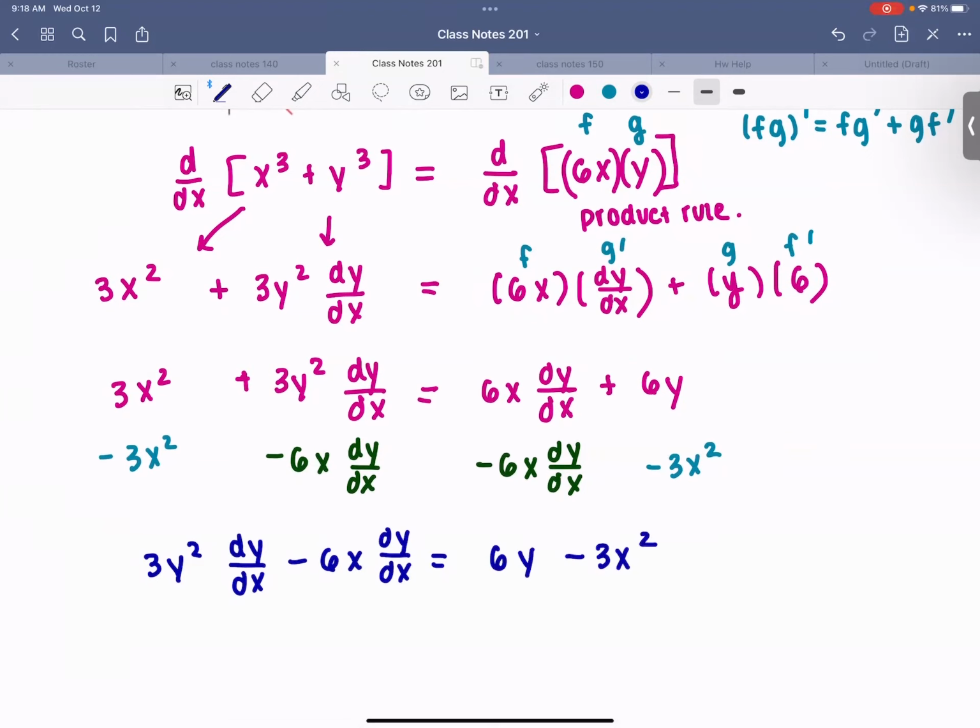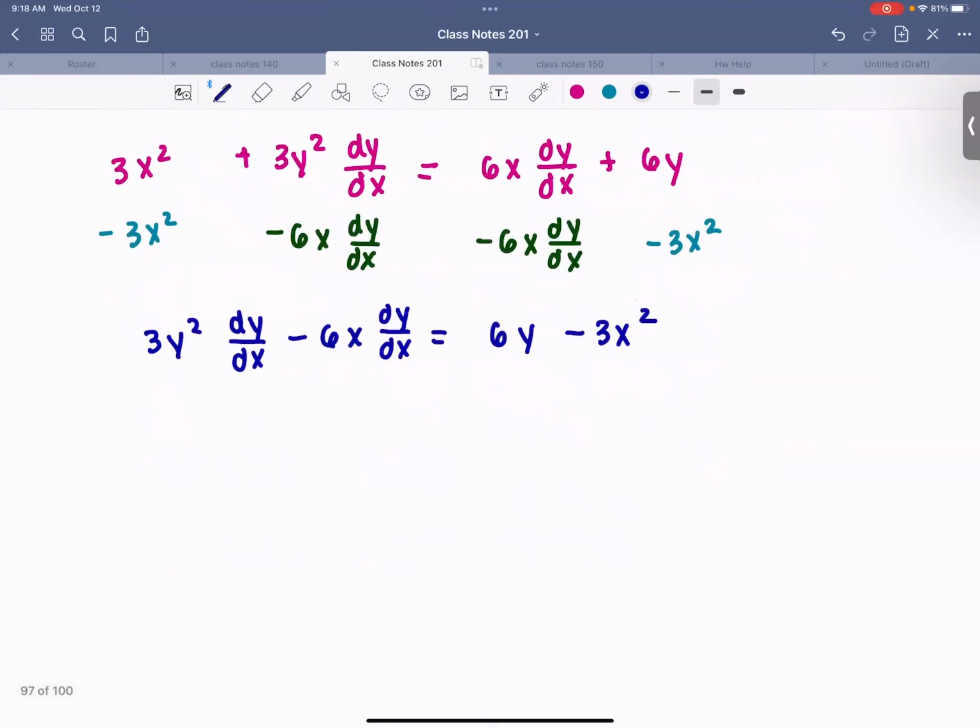Okay. So all I did was make sure that all the dy dx's were on one side and everything else was on the other side. All right, then I think Sam said, once we're here, we can factor out a dy dx, right? Both of these terms have a dy dx on it. So that means, what's left over if I factor out the dy dx?